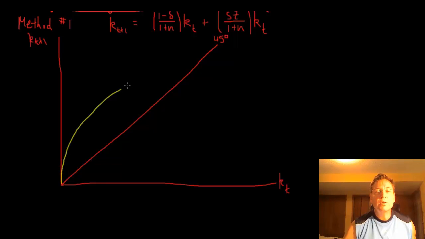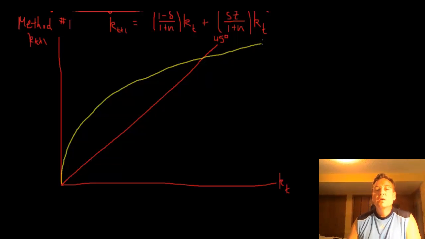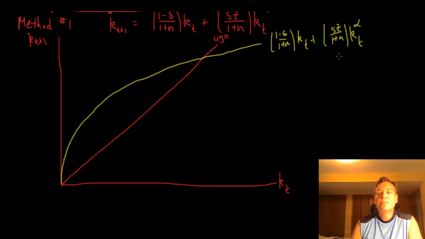And you end up with something that looks like that. Okay? So this is that whole shebang. It is (1 minus delta)/(1 plus n) kt plus sz/(1 plus n) kt to the alpha.